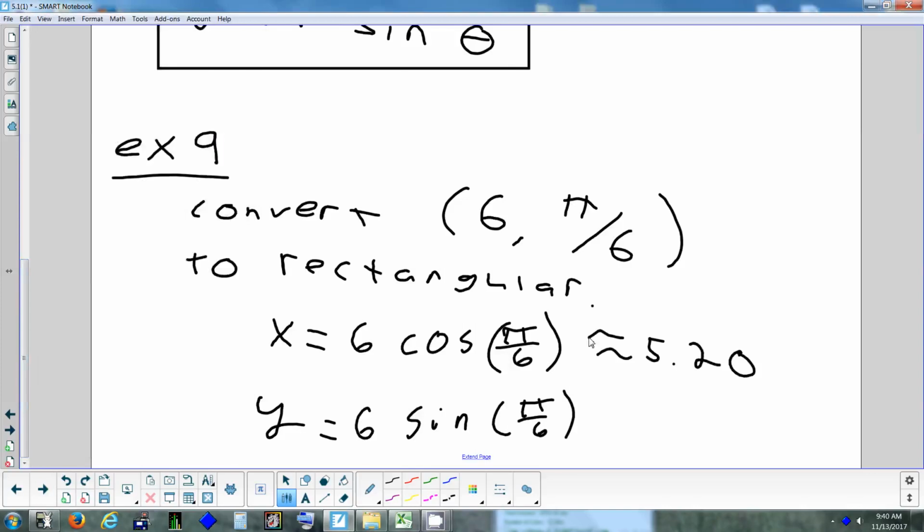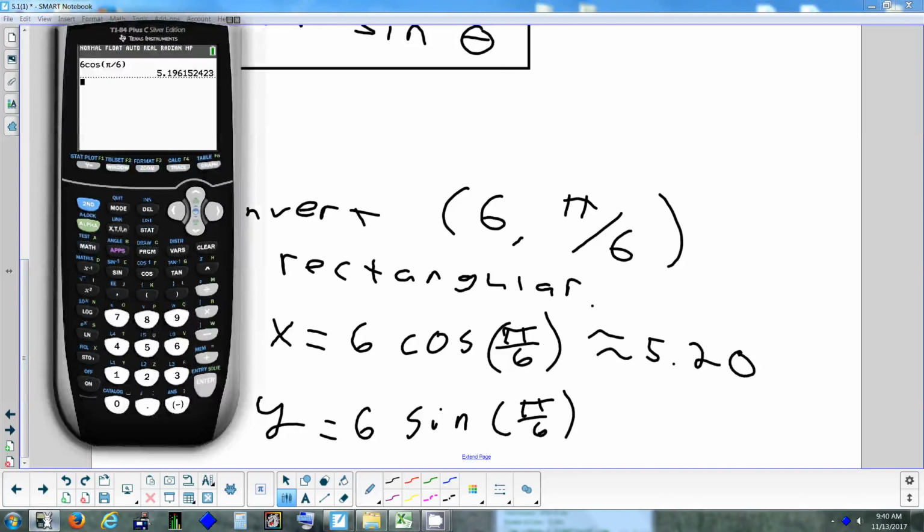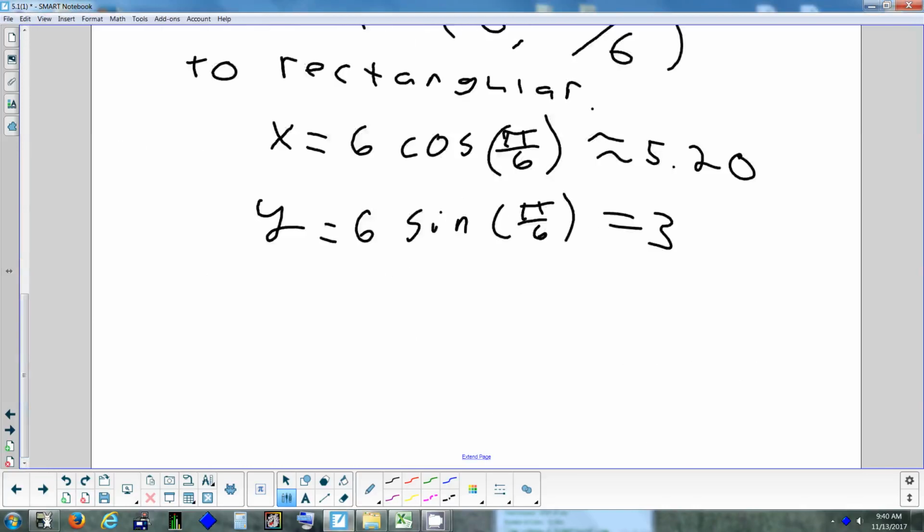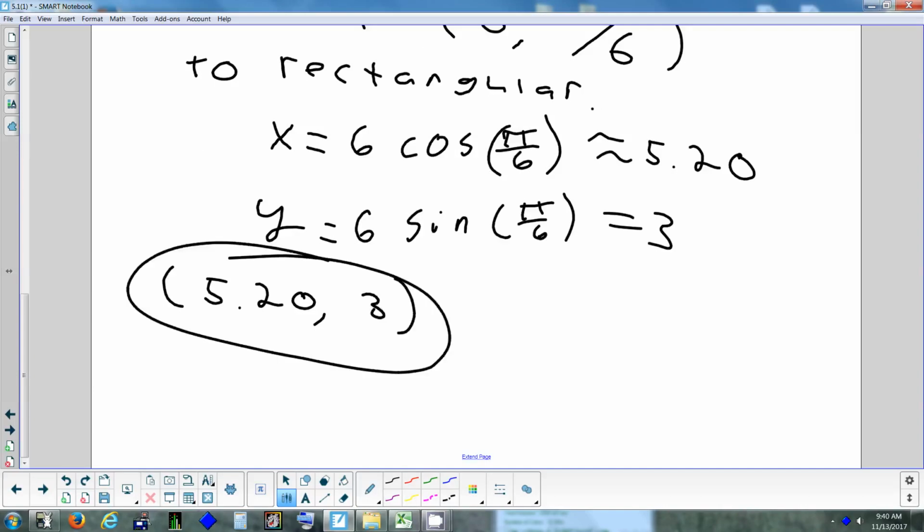So that's my x value. And my y value is 6 sine pi over 6. Okay, I get 3. So when you write your coordinate, just write 5.20, comma 3.